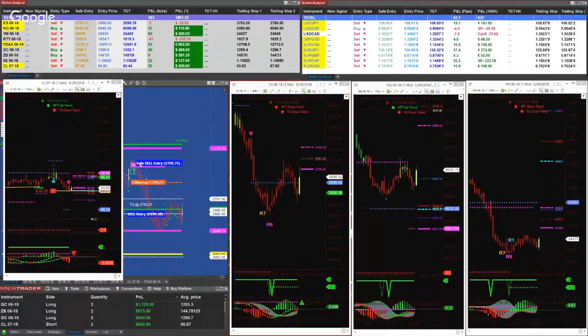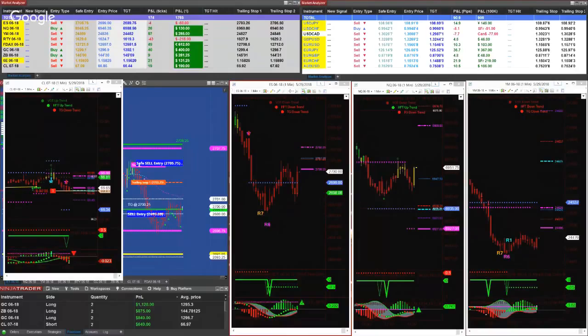Sometimes on a hard day like this, we can go in a circle for a while, but we're about to take a trade. Let's see if we can find anything on the Nasdaq. On the market analyzer, we had a buy entry signal on the Nasdaq.